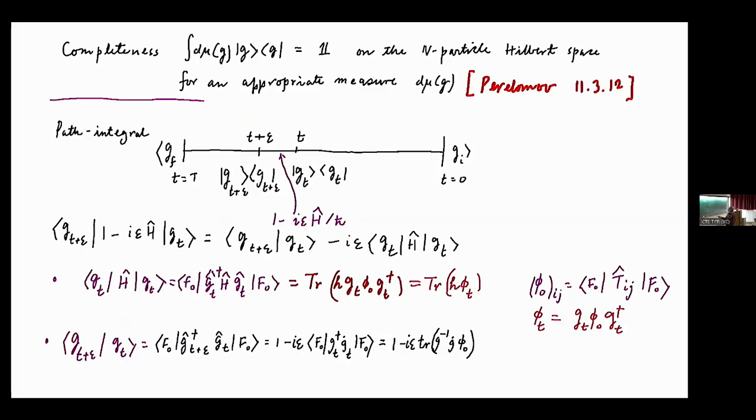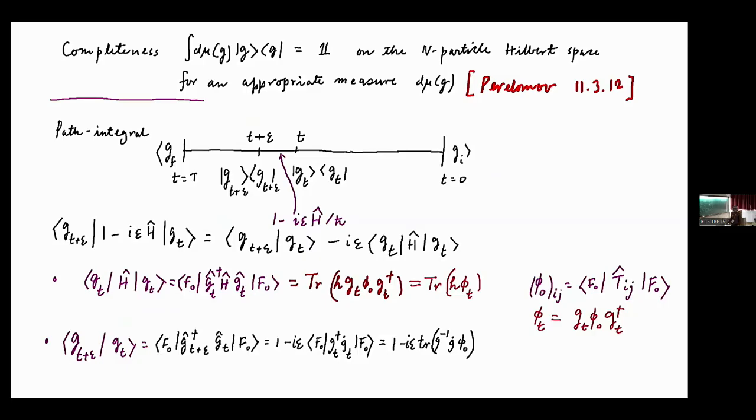This is very similar to the Wigner phase space distribution. So you can easily show that the Hamiltonian term just becomes trace of h phi. You can think of this as the integral of h(x,p) u(x,p).